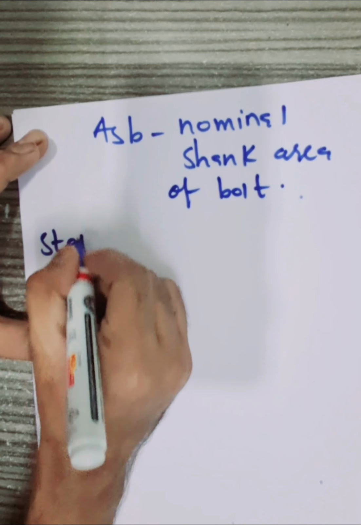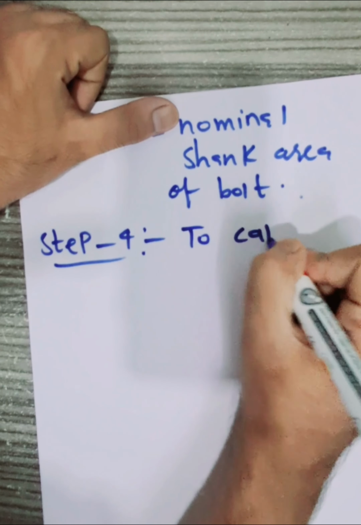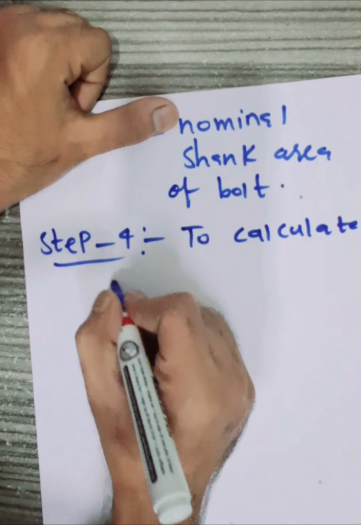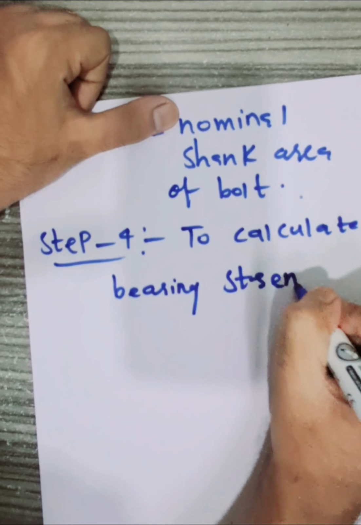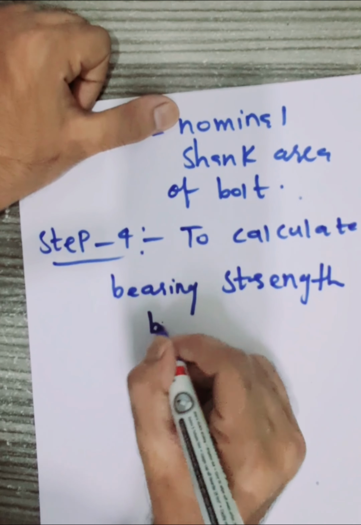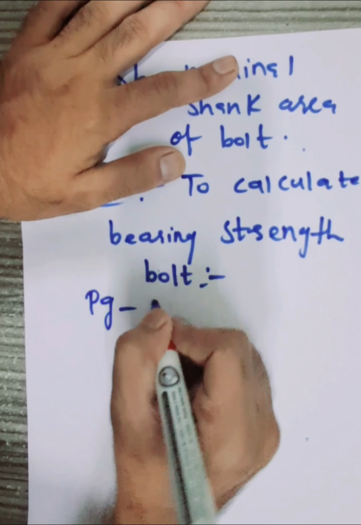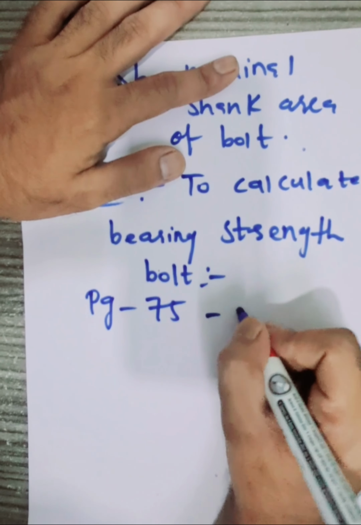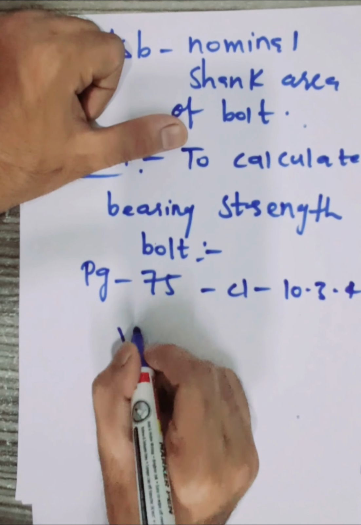Now step number 4. What would that be? To calculate the bearing strength of bolt. Let's see where we will find it. You will find it on page number 75, clause number 10.3.4 of IS 800:2007.